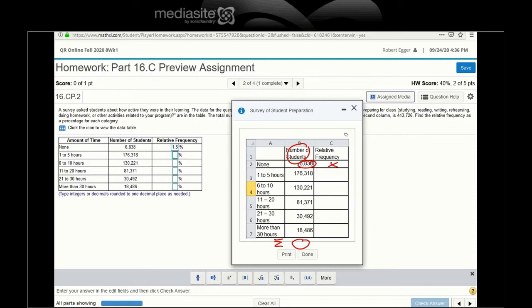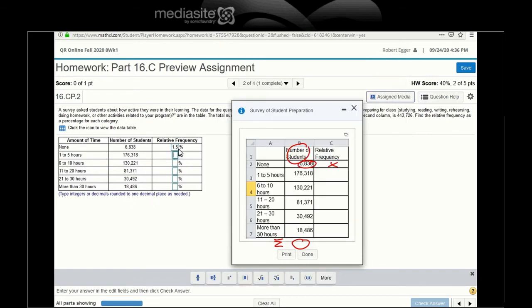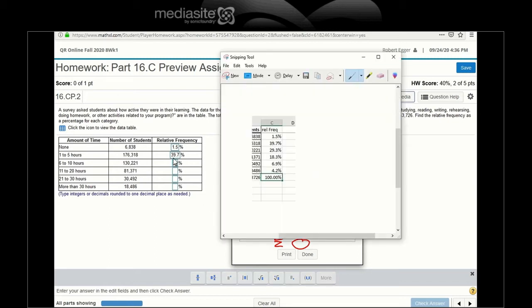Next one, 39.7. Note, one decimal place, 39.7. Next, 29.3.